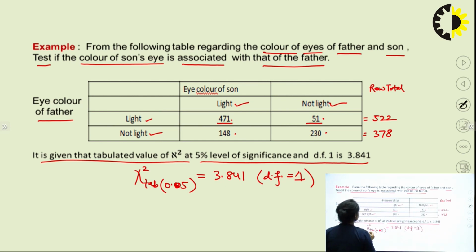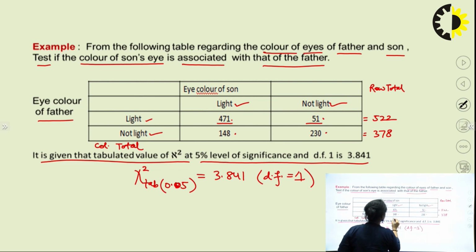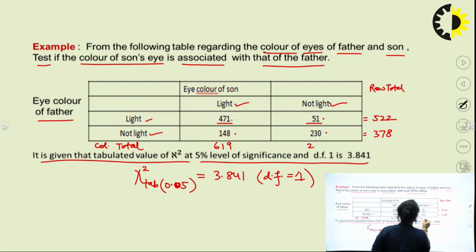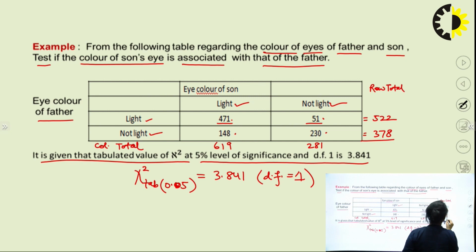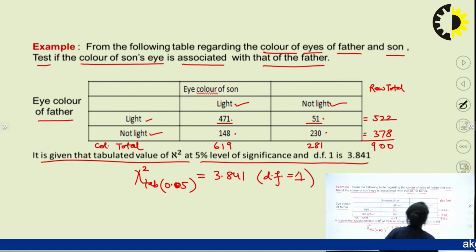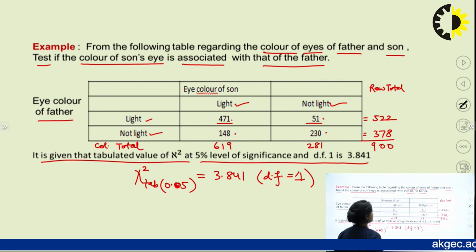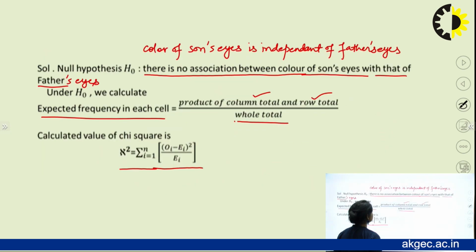Then we will take column totals also. So this is 619, this is 281. So grand total comes out to be 900.